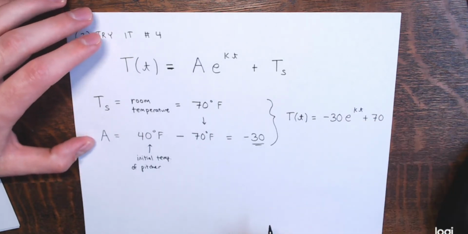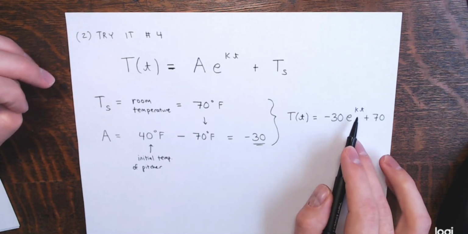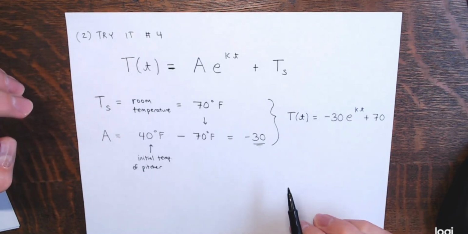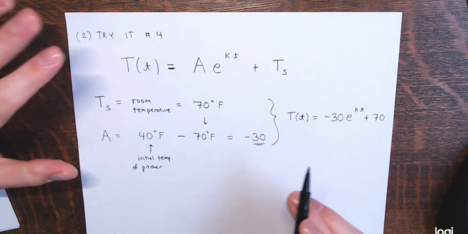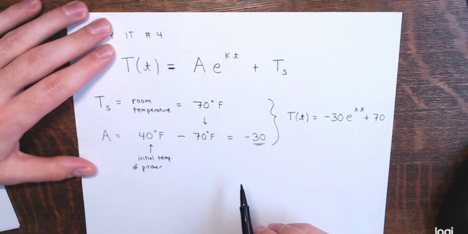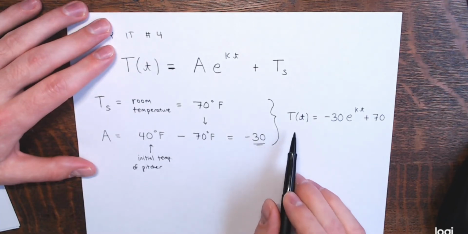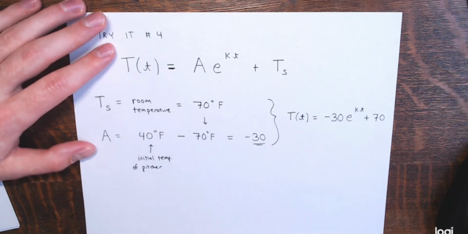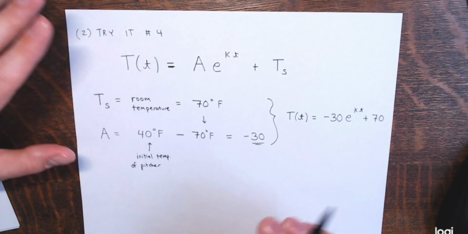So the value of k will end up being negative again because we're talking about the difference. Well, actually, it might be positive. I keep messing myself up with this. The initial difference is negative 30, and that difference should be shrinking. And going from negative 30 to near 0 is actually an increase. So I do think the value of k will be positive here. But we'll find that out in a second.